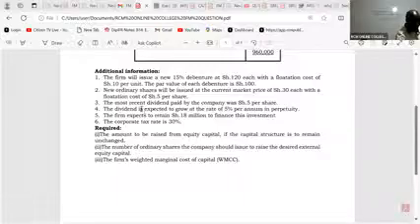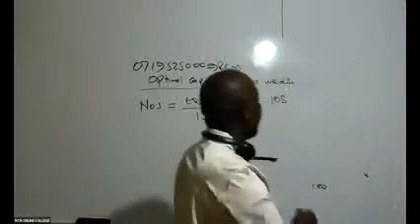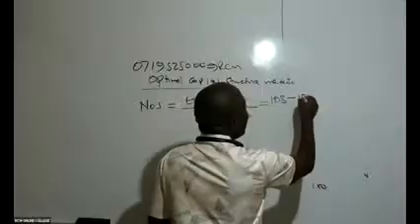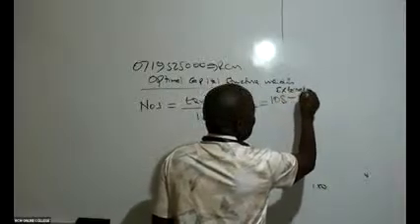The firm expects to retain 18 million to finance this investment. To finance this investment, we shall retain from our profits 18. So meaning that externally, how much are we going to get from external sources?